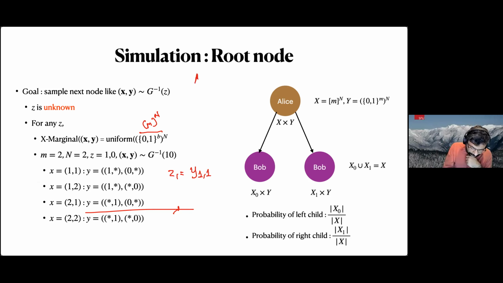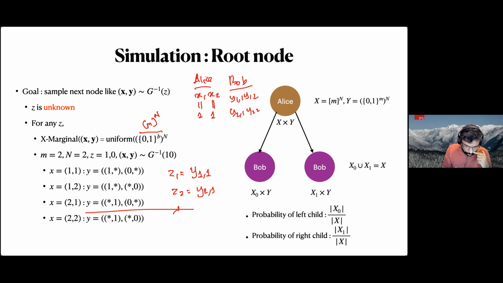If you think of Alice's input as X1, X2, and Bob's input as Y11, Y12, Y21, Y22, then by setting X1 to be the first pointer in the first block and X2 to be the first pointer in the second block as well, we are setting Z1 to be the first bit of the first block of Y, and Z2 to be the first bit of the second block of Y.